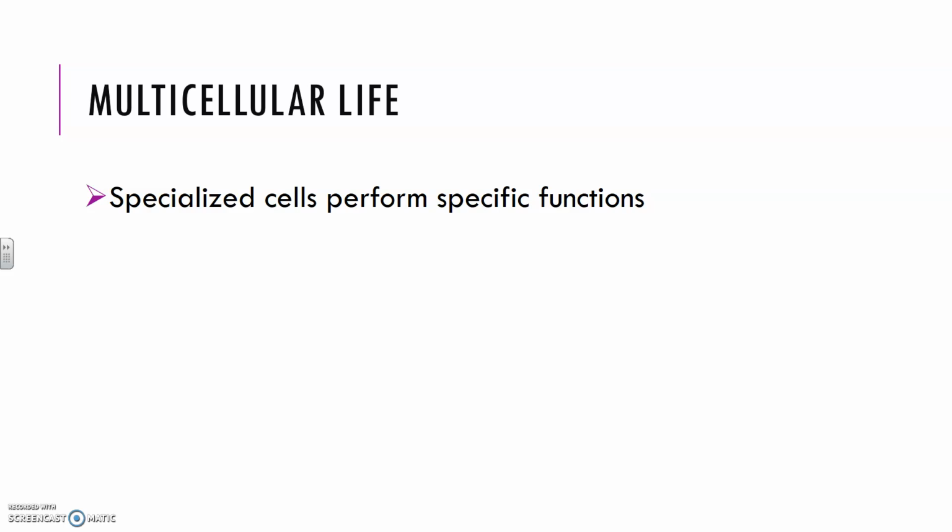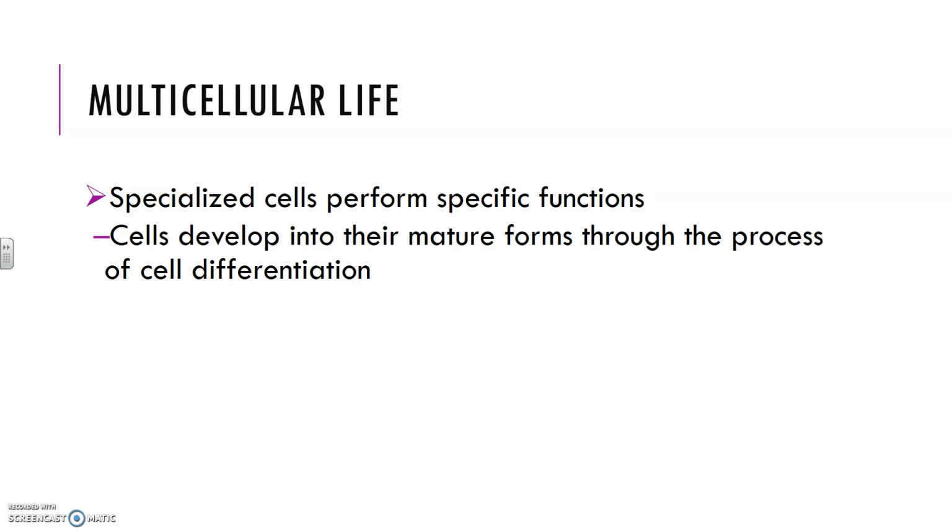So you've got all these different specialized cells that have their own specific functions, they form tissues, all this kind of stuff together, but all of those specialized cells originally came from one cell, the fertilized egg cell, the zygote. So cells develop into their mature forms in their tissues through a process called cell differentiation. So they become different types of cells through this process.